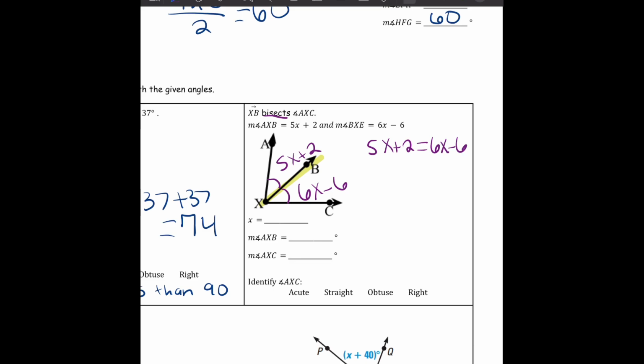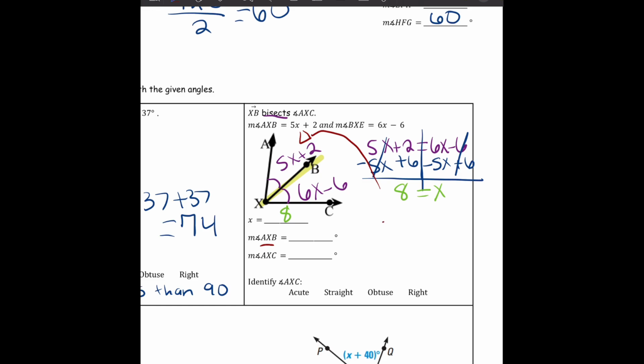Okay, so now I'm going to solve for x. I'm going to subtract 5x, and then I'm going to add 6. So this side cancels out. This side cancels out. 2 plus 6 is 8. 6 minus 5 is x. So x equals 8. And then if I want to find angle AXB, I plug x into this equation.